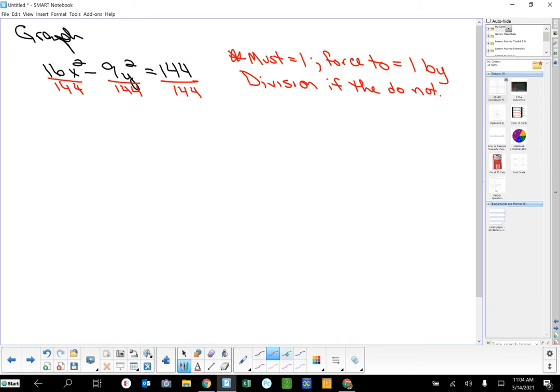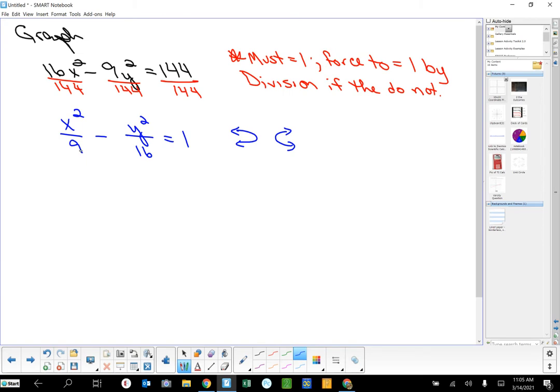And when we do that, this thing's going to simplify down to x squared over 9 minus y squared over 16 equals 1. Now, I should have done one that had an orientation that was vertical, but I didn't. So this one also has an orientation that is horizontal.